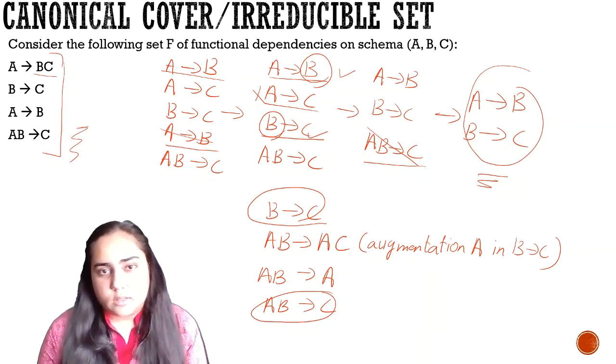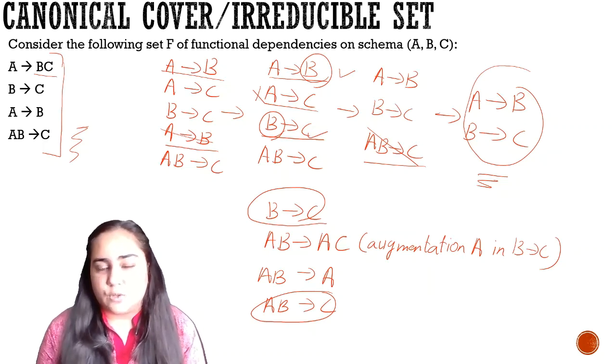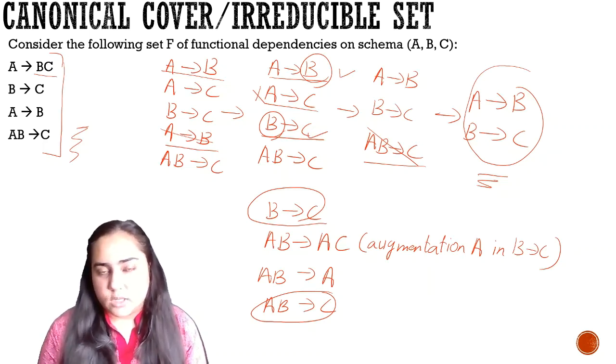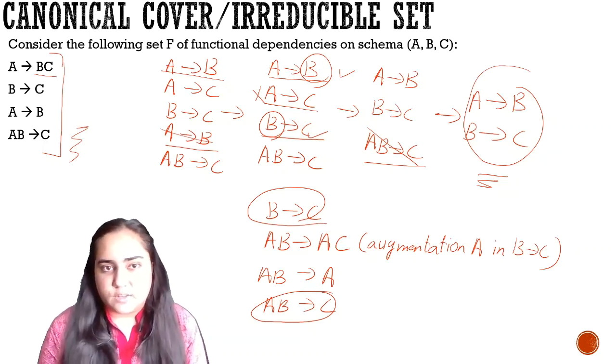And after this, I'm going to show you a little bit of a shortcut to perform the same type of calculation, where we are going to see some rules, because this calculation is fine if there's a small set of functional dependencies. But if you have a really large set, you cannot really think clearly and reduce the set. So you cannot always know which rule to apply and when to apply it to reduce the set.